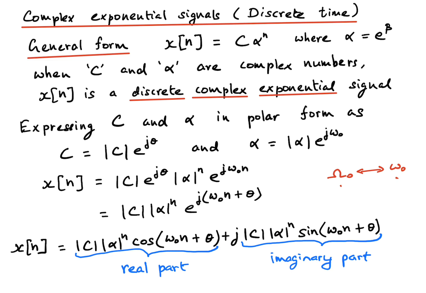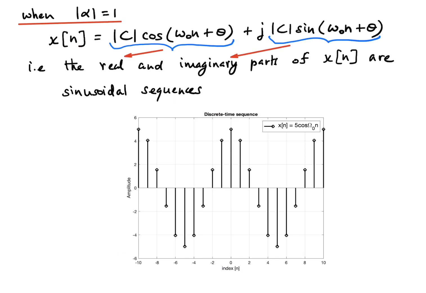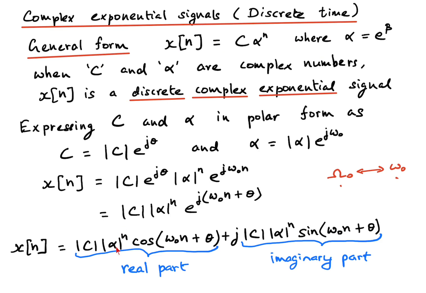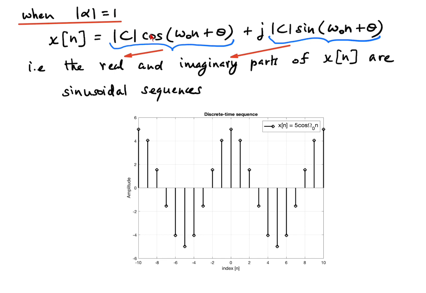So the first case that we are going to look at is when alpha is equal to 1. So when the magnitude of alpha is equal to 1, we get alpha power n, so 1 power n, and 1 power any number is 1. So that alpha term will disappear.